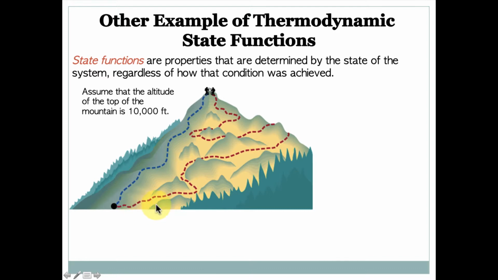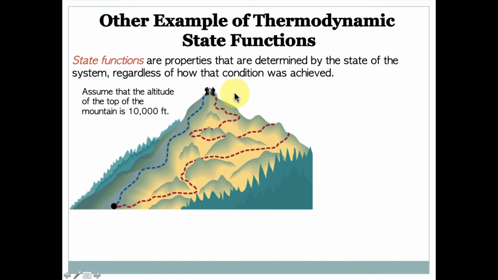So when he is at the bottom of the mountain, the altitude will be 0 feet, while when he is at the top of the mountain, we assume that the altitude of the top of the mountain is 10,000 feet.